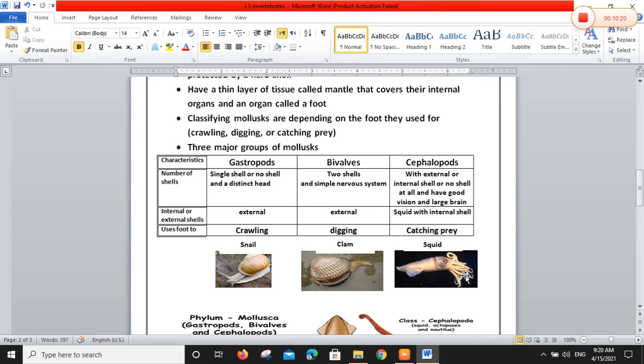Yes, squid with an internal shell, no external shell like gastropod or bivalve. The feet of cephalopods are in the head and the shell is internal. Cephalopods use the feet for catching prey. Yes, this is an example of a squid.